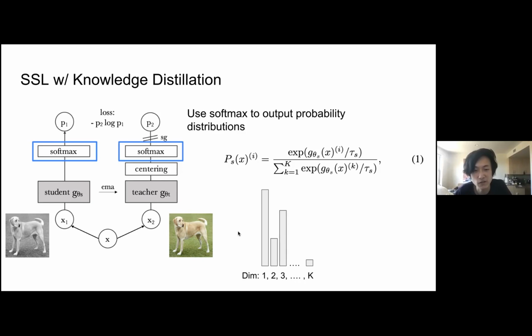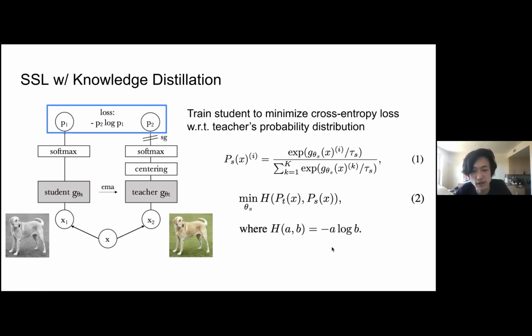I'm not entirely sure why. I guess it has something to do with model collapse, which I'll also try to talk about. But centering is a component that tries to make the teacher a better teacher, such that we can provide supervision for the student to do this cross entropy loss with respect to. I'll try to think about this through the talk more, and maybe I'll have a better idea.